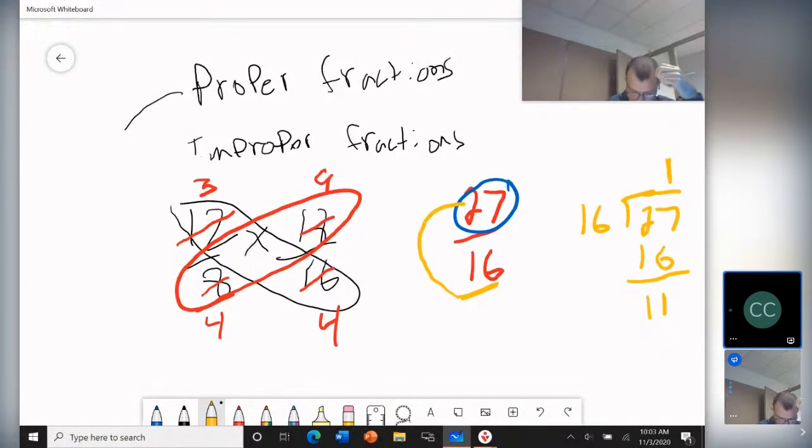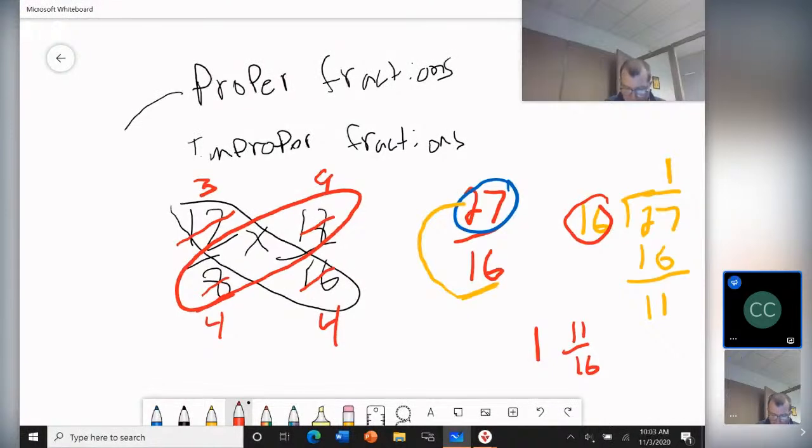And this 16 is the denominator. So the remainder is always put over the denominator. So in this case, you're going to have 1, and then you're going to have 11 over 16. And 1 and 11 over 16 is equal to 27 over 16.